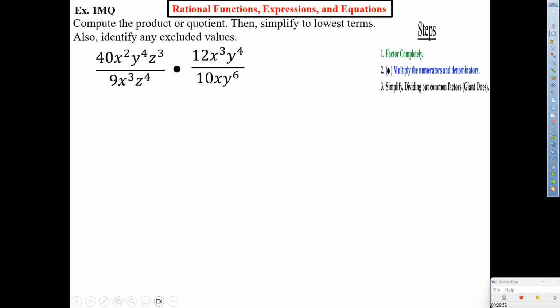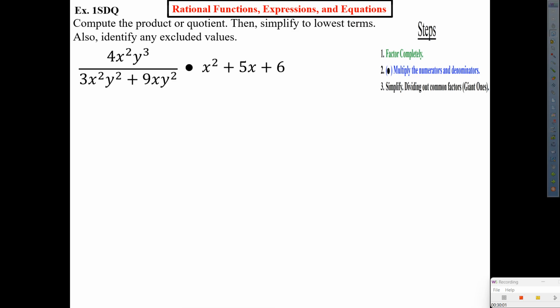Copy that one. Example 1, super duper cube. Let's go, Mario, we got this. 4x squared y cubed over 3x squared y squared plus 9x squared, 9x y squared times x squared plus 5x plus 6 over nothing.